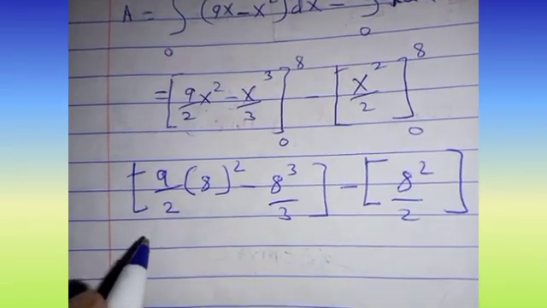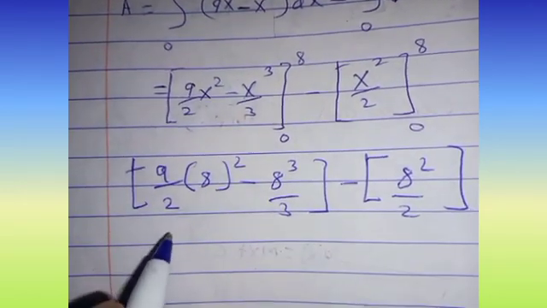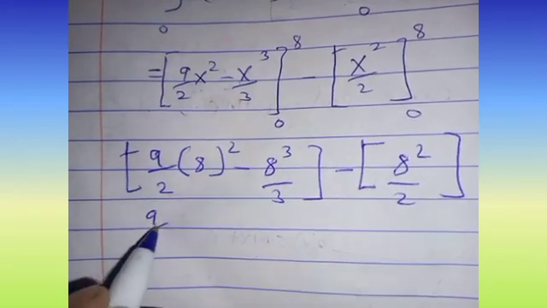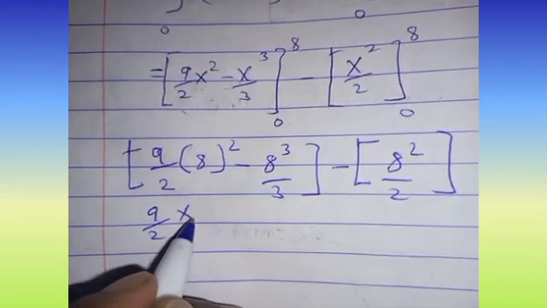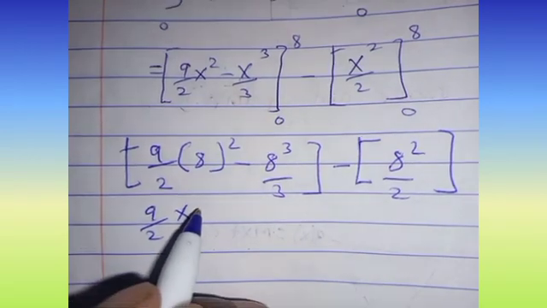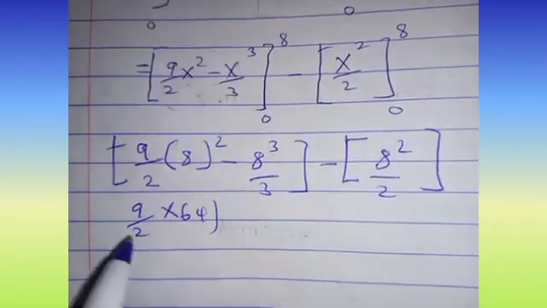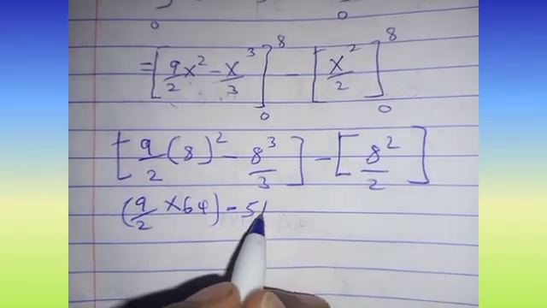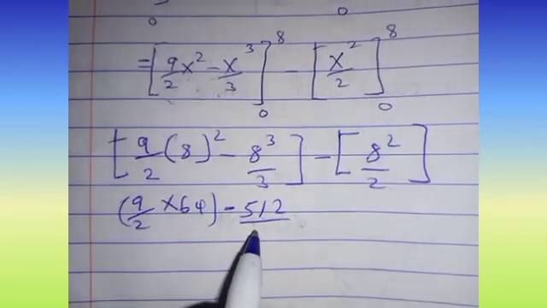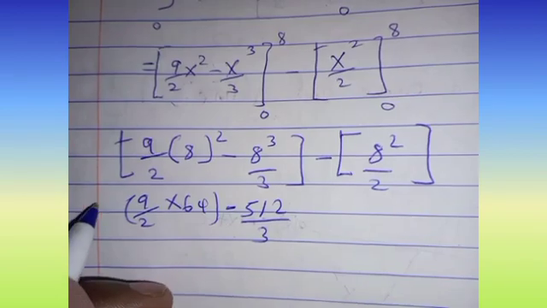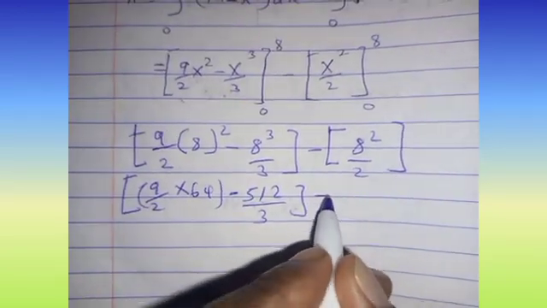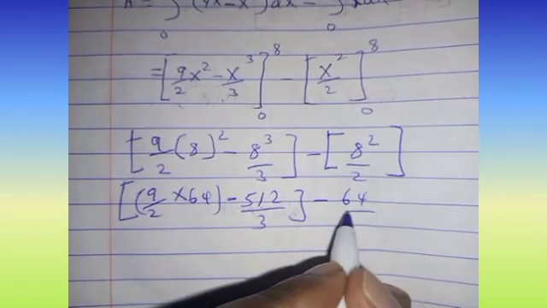So here we are going to have 9 over 2 times 64, minus 512 divided by 3, minus 64 over 2.